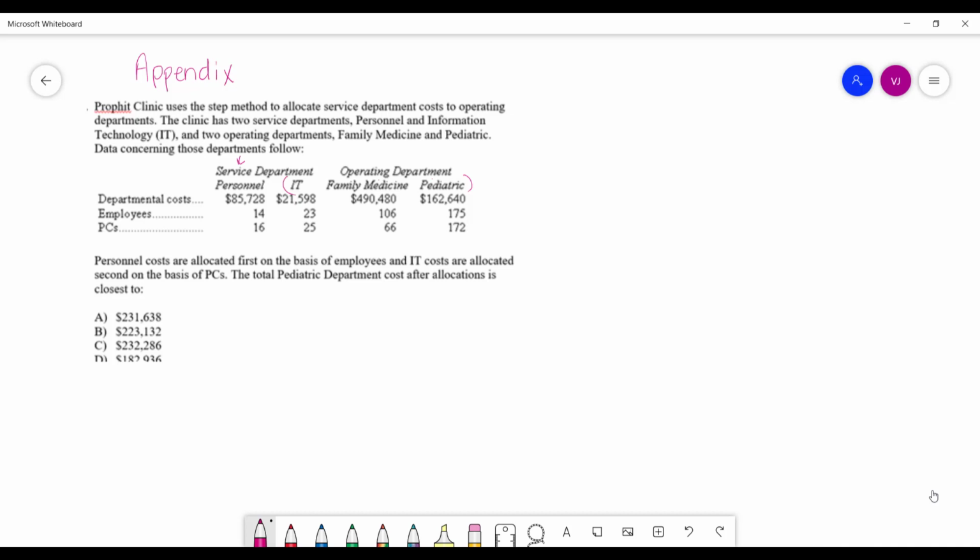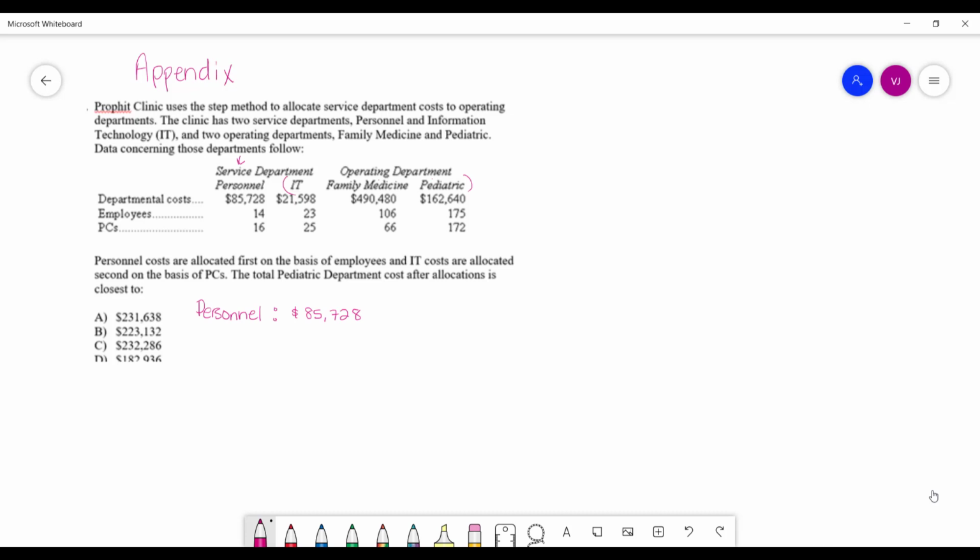And only then, once you get to IT, you'll dump all of its new costs and its original costs into those final two departments. So let's look at how we would allocate the personnel service department costs of 85,728.